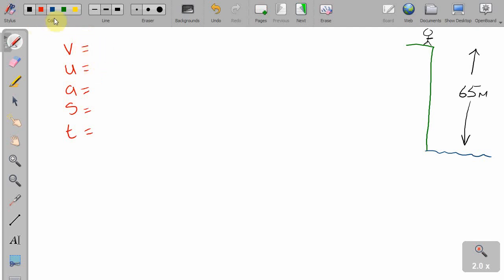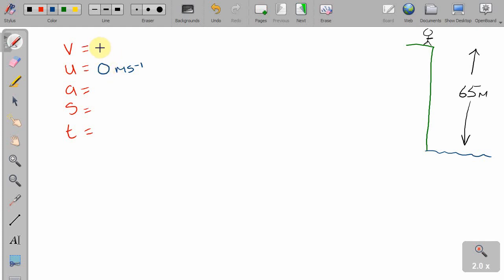Now that's the difference compared to the other problems that we've met, where it's a car accelerating or something like that. So if the person drops the stone off the cliff, well then obviously the starting velocity is going to be 0, because they're just holding their hand out and just releasing the stone. So the initial velocity here is going to be 0. Now that's not necessarily given to you in the question, but you'd have to know that simply from the situation, right?